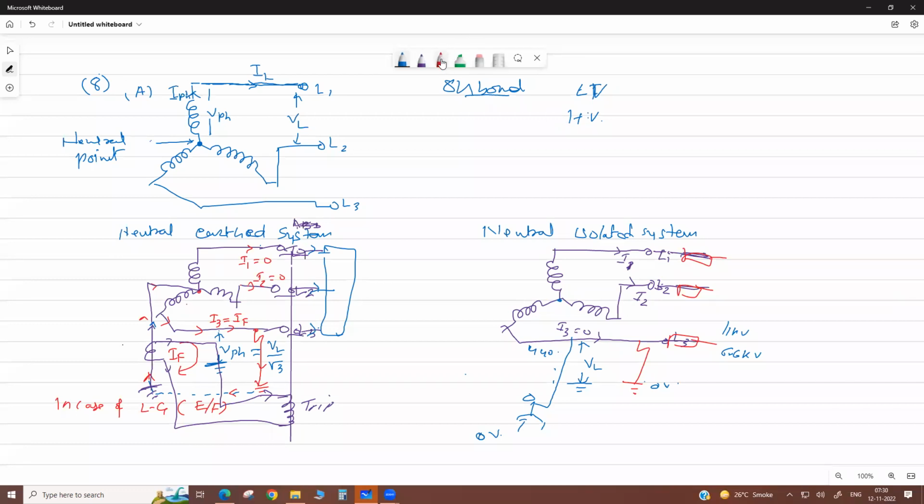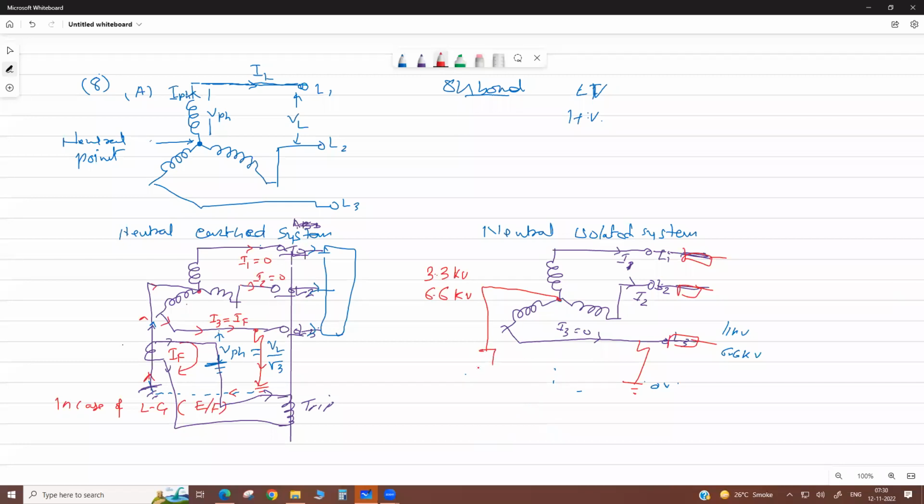Now there is another method. In an HT system like 3.3 kV, 6.6 kV or 11 kV, we do the grounding through NER.